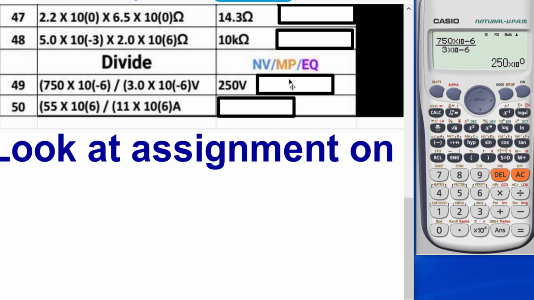So it's 250 volts. Alright, my last one is going to be 55 times 10 to the 6th over under 11 times 10 to the 6th. And that gives me 5. If I hit engineering, it's 5 times 10 to the 0, which is just 5, and we're measuring amps.